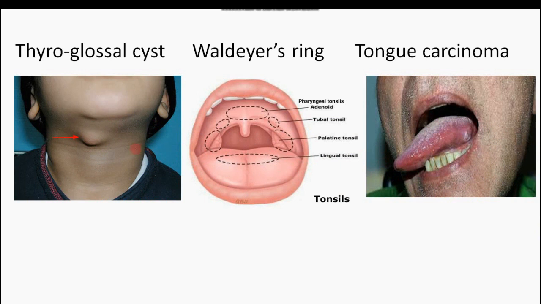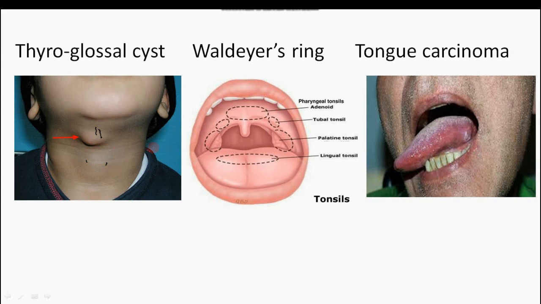Now the next condition is thyroglossal cyst. From the point of this foramen cecum, you have seen during the development that the duct was descending down, and later the thyroid comes to its anatomical position.